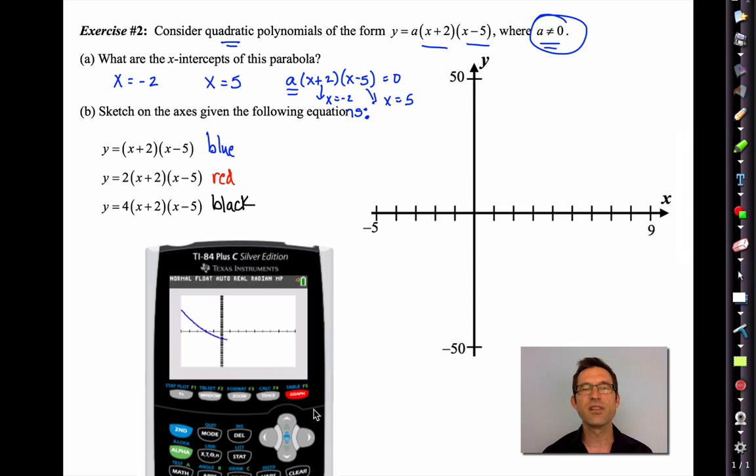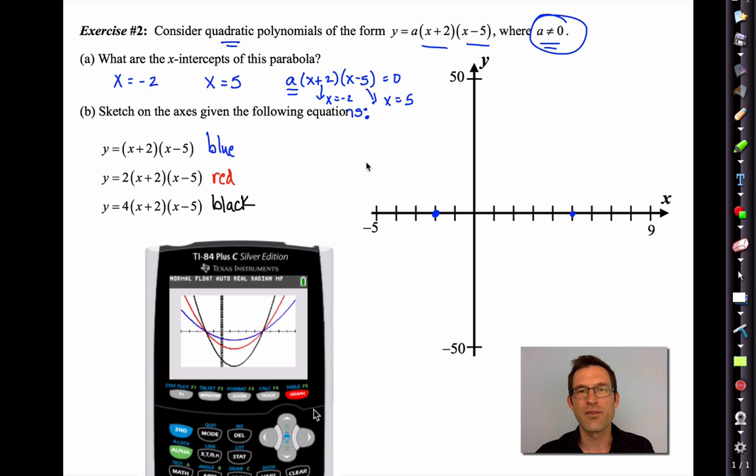It always takes a little bit for these to graph, but we're going to have them. Okay, let's see if I can sketch them. As usual, it's always kind of a comedy of errors when I sketch them, but that's okay.